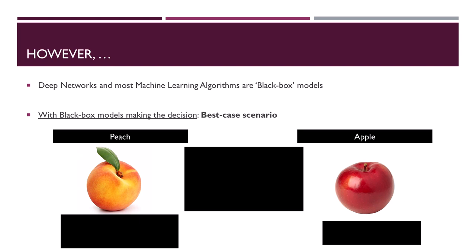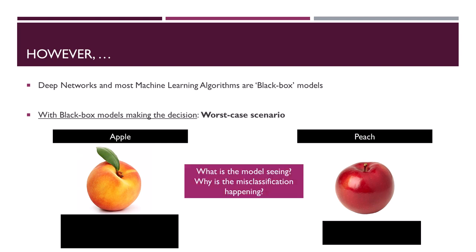In the worst case scenario, where it messes up the label and makes the wrong decision, it becomes even more problematic because we don't understand why the model is saying the peach is the apple. We don't understand what attributes it's looking at. There is definitely something wrong, but we don't know how to fix it.